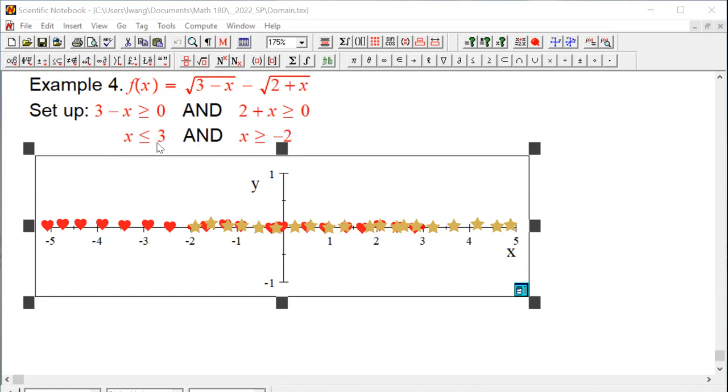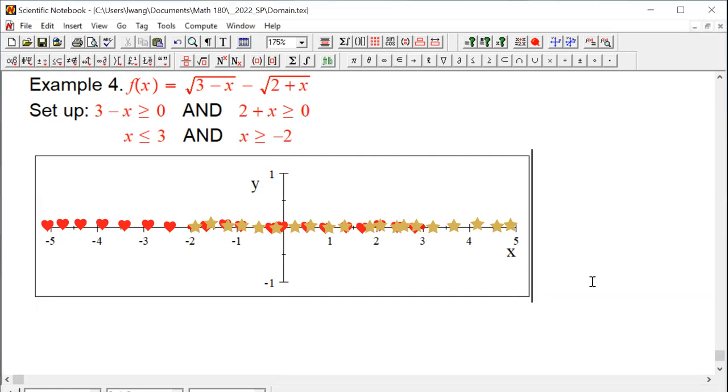That's the meaning of "and", because A and B is true only if A is true and B is true. So this is A, this is B. Look at the truth table. As a result, the part marked twice is between -2 and +3.